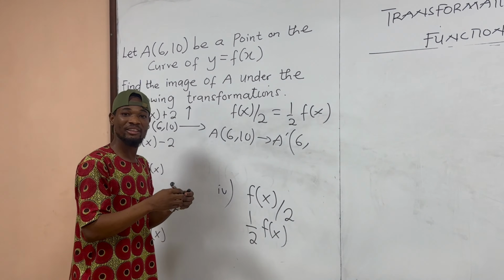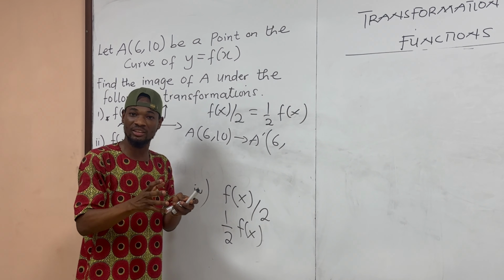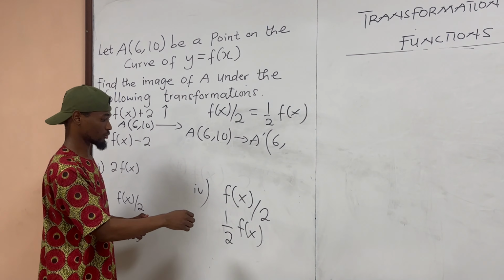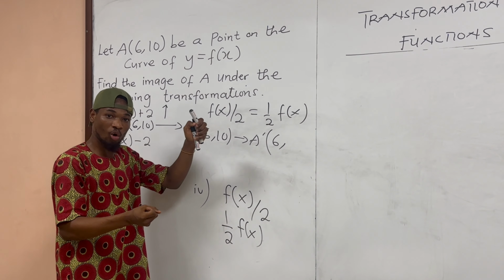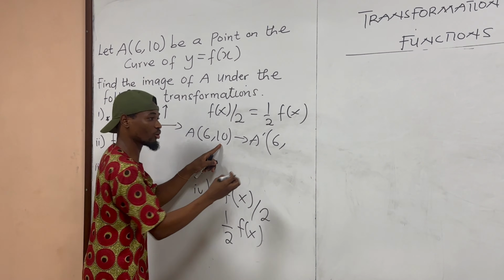Whenever it's vertical shrinkage or vertical compression, we are going to multiply. So whenever it's stretch or compression, we are going to do multiplication. So here I have my 10.